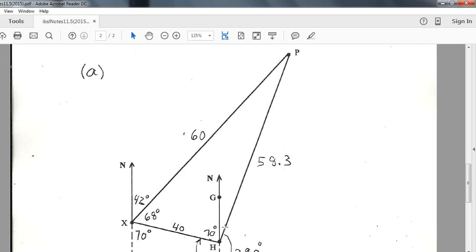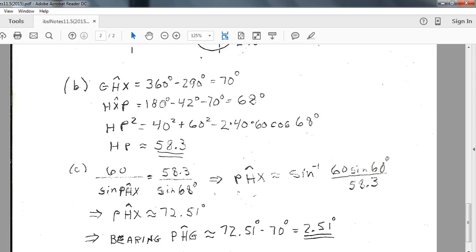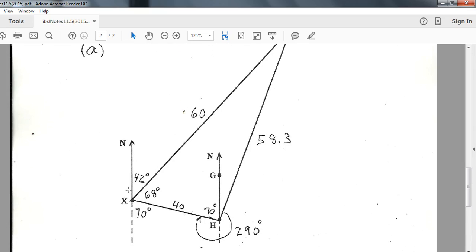And so looking at that, if we were to use our law of sines, here's the work that you can see for that. So if we use the law of sines, we can solve for the full angle for PHX. Let me show you how that would look. So we're solving for the entire angle right here within our triangle.